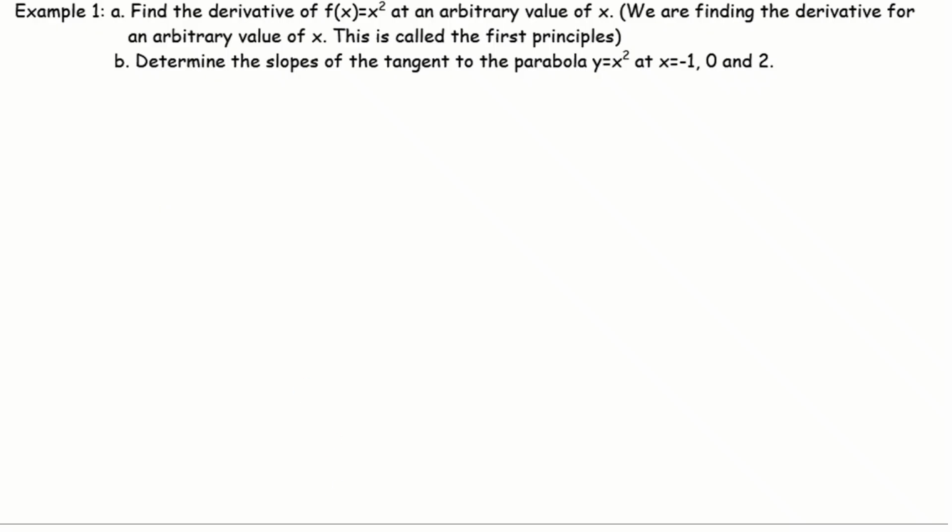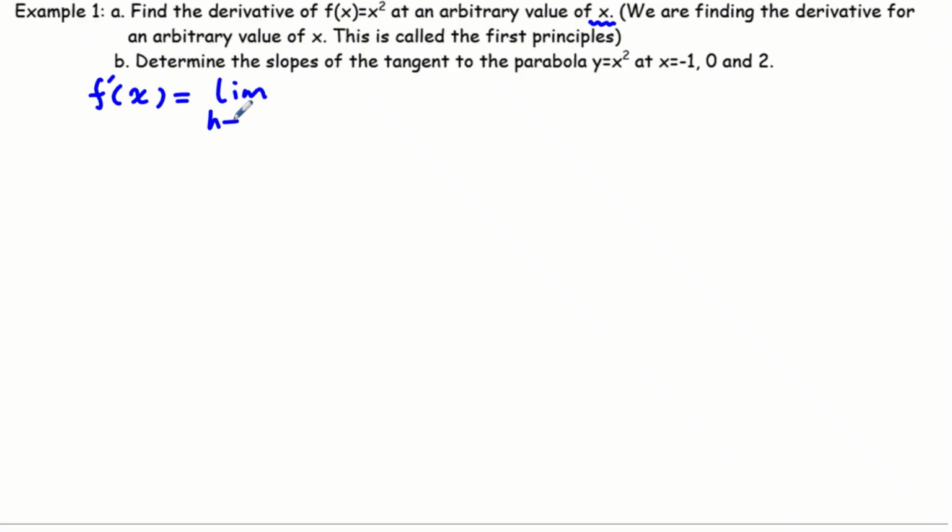So we are going to use the derivative definition. Now we just want to find the derivative at any point, so we call it an arbitrary value of x. For any number x, we want to find a general formula for the derivative. So f prime of x equals the slope of the tangent.